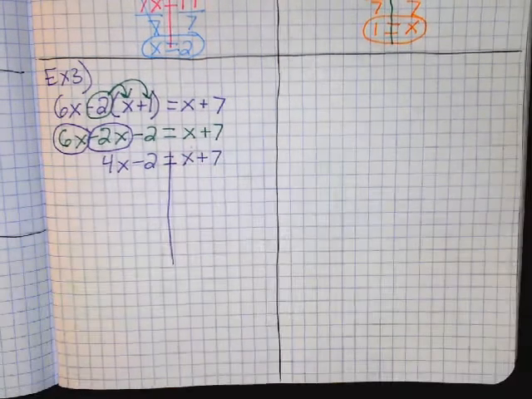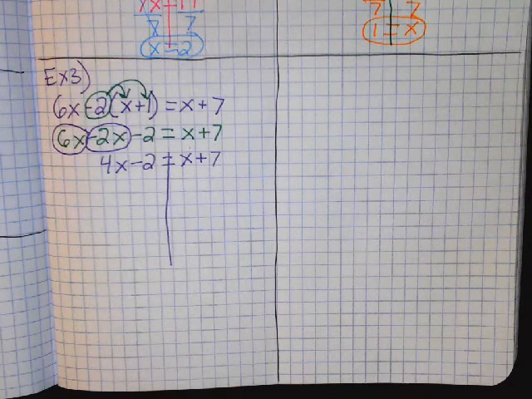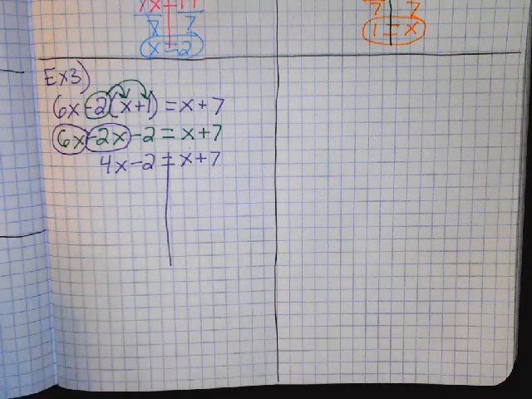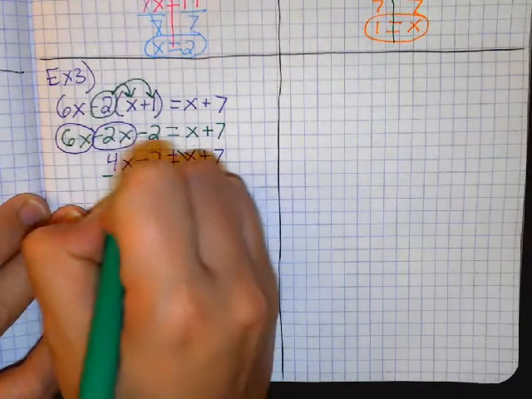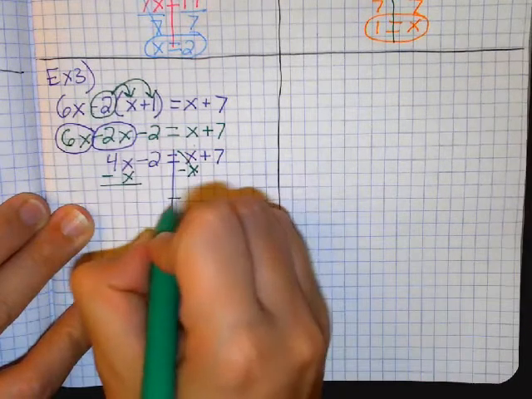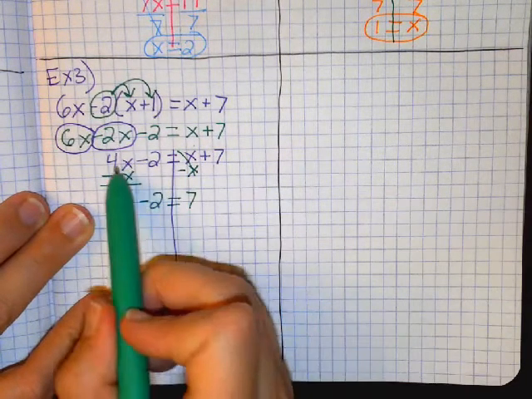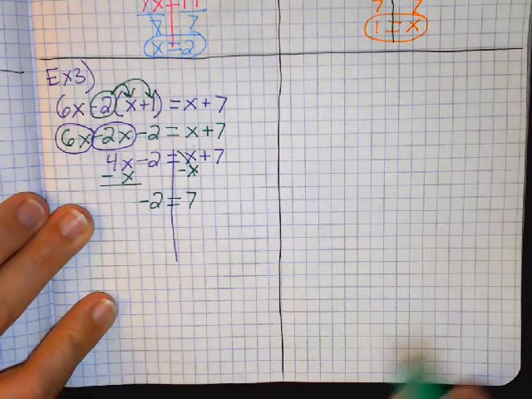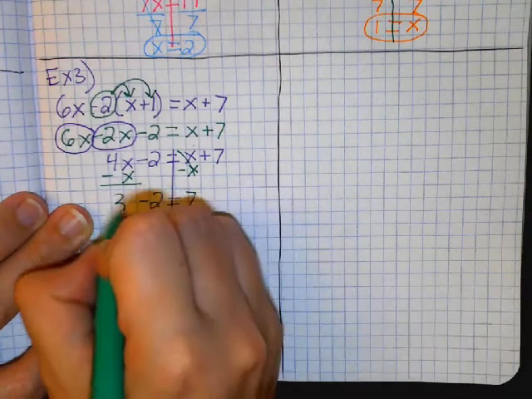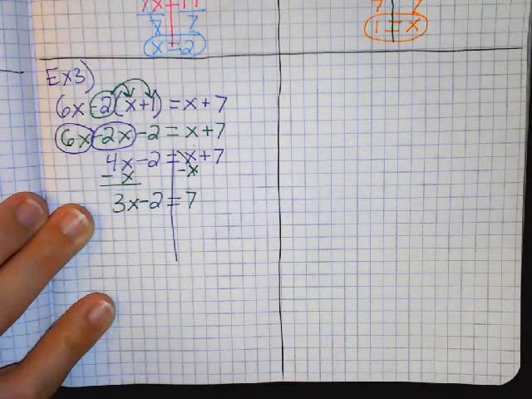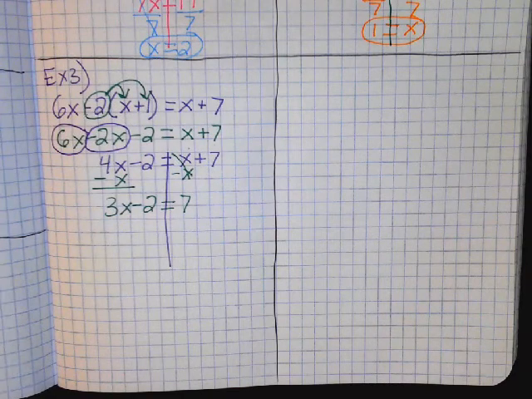Now from here, I need to move my variables and my constants. I'm going to move my positive x to my left by subtracting. So I have 7, I'm going to bring down my minus 2. 4x minus x is the same as 4x minus 1x, and I have a 3x.